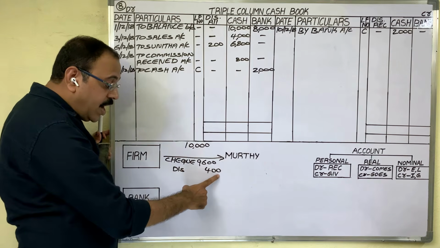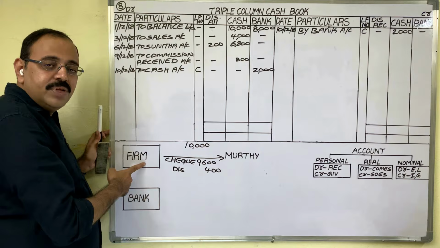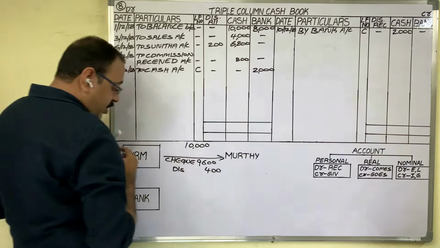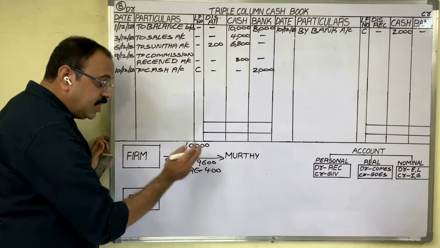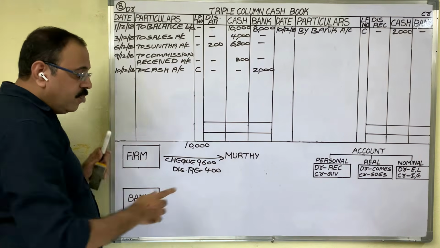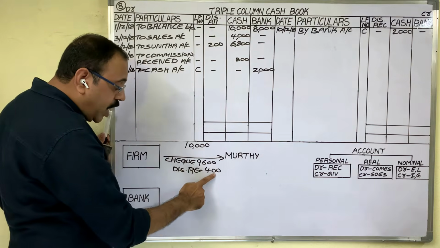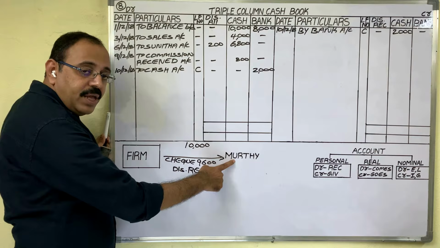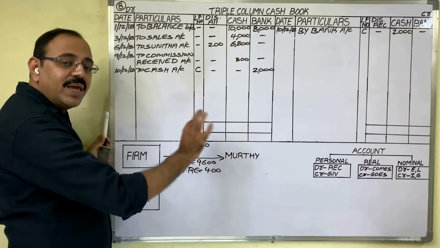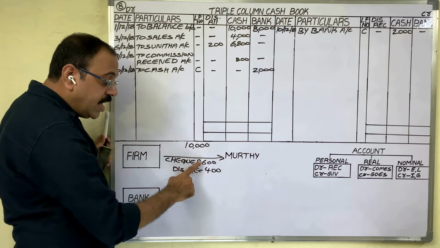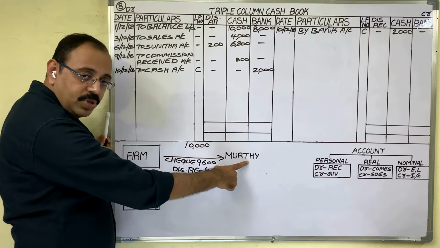So this 400 is a benefit to the firm, known as discount received. As the firm is paying this amount on time or before the due date, Murthy is allowing this 400 rupees discount to us. Giving a check to the other party is known as issuing a check. We issued a check worth 9,600 rupees to Murthy.